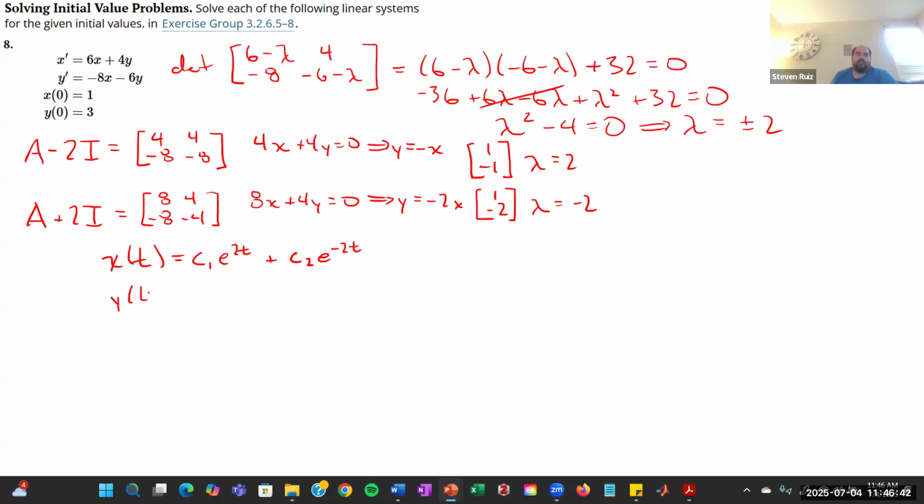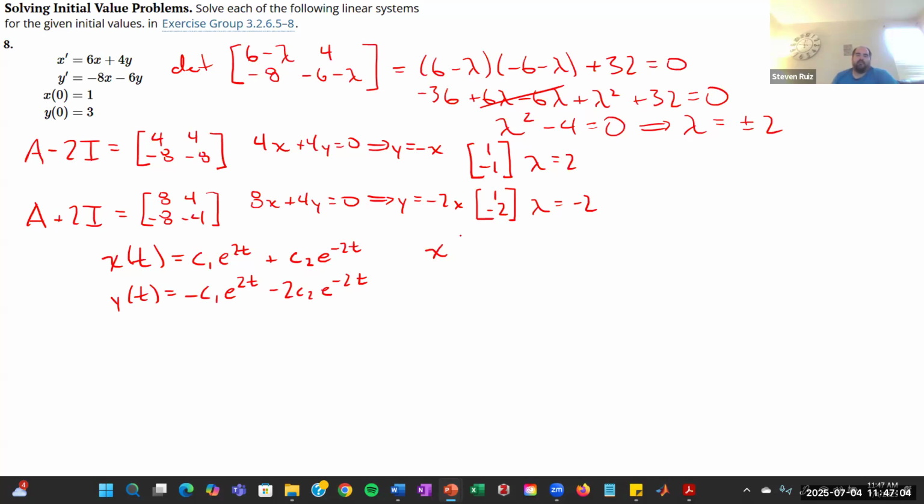And then y of t will equal, now we're going to look at the bottom row here, negative c1 e to the 2t minus 2c2 e to the -2t. So that's a good general solution, but how do I get my values for C1 and C2?